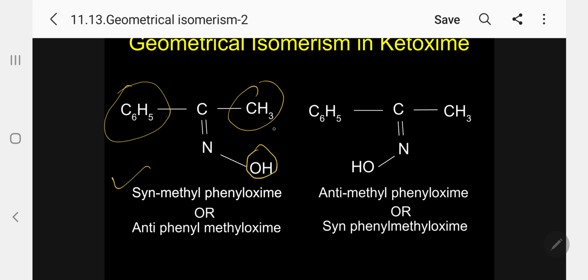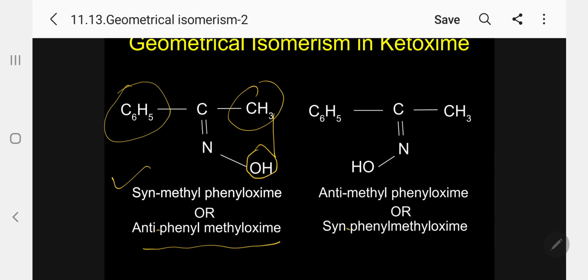Syn methyl means OH is on the same side as the methyl group. Syn methyl phenyl oxime I can give, or anti-phenyl methyl oxime, where with respect to the phenyl group, OH is opposite. Please follow the name. So syn methyl phenyl oxime, and another is anti-phenyl methyl oxime.